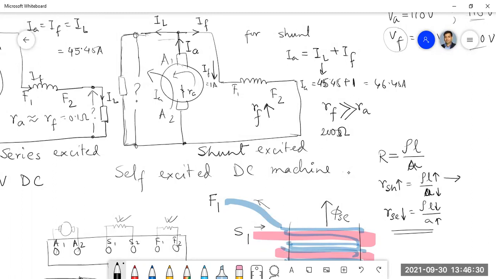So here the number of turns is high, and here the number of turns is less. Typically, the shunt winding may have 500 turns, and the series winding may have only 5 turns. The gauge of the series winding is quite thick compared to the shunt field winding.